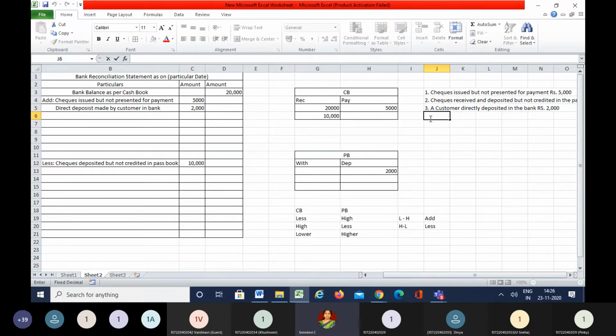Okay. The next we have: bank has paid insurance premium of rupees 1500 as per standing instruction of the customer.